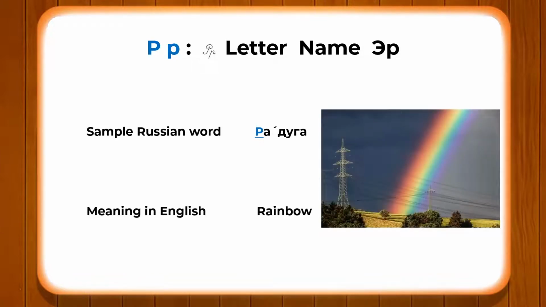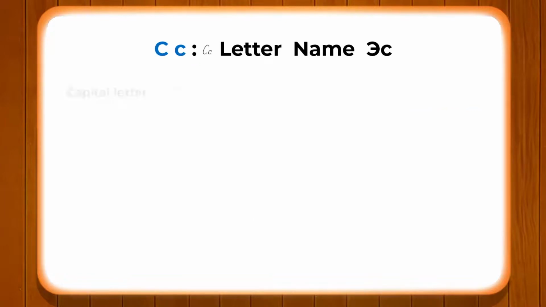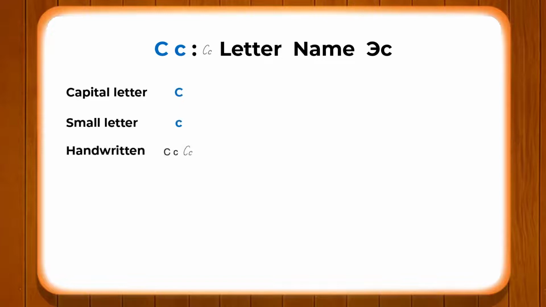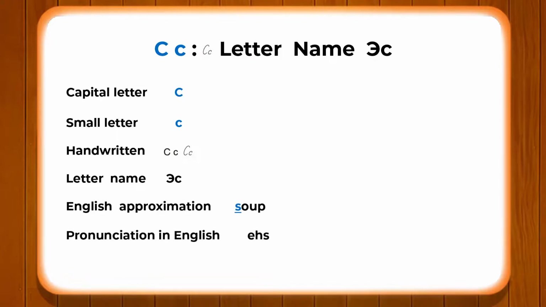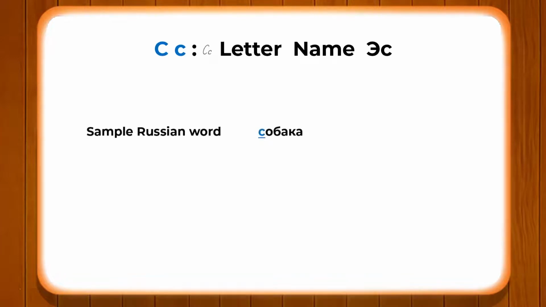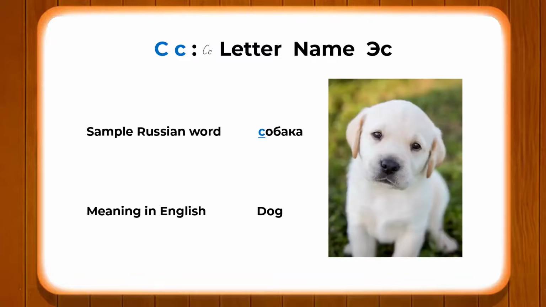Now let us go to the next letter. The letter is known as S, as in the English approximation word S in soup. A sample Russian word which we have used here is Sabaka, which means dog.